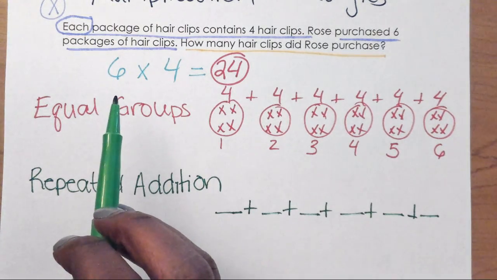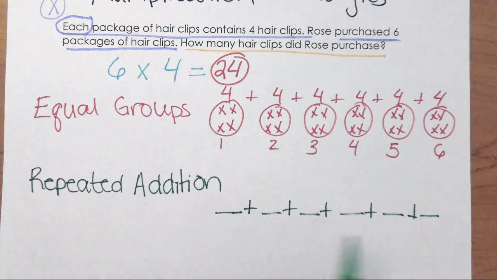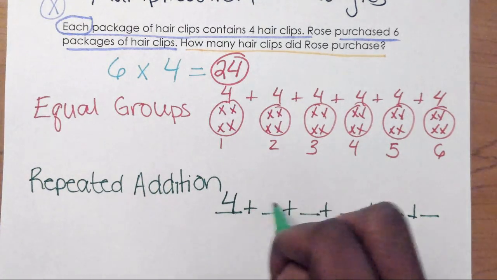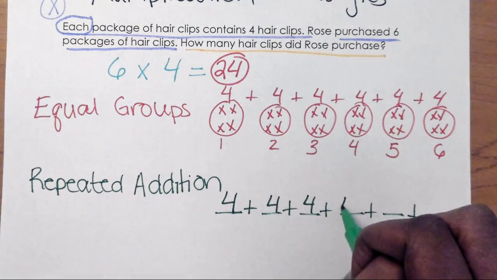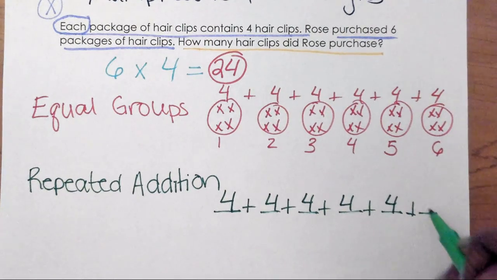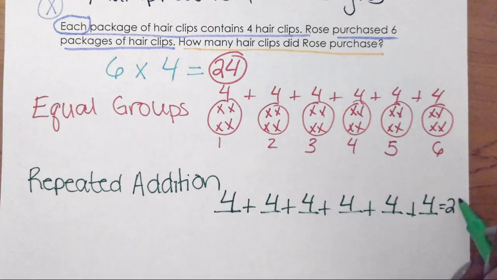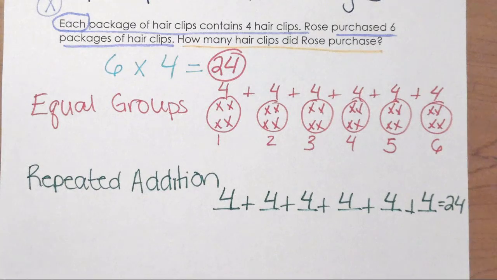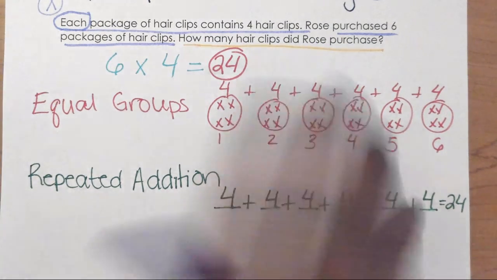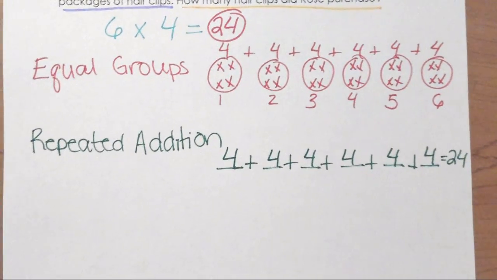Because we're referring back to our original equation, which is 6 equal groups of 4. Which still equals 24. We are having them represent them in different ways because they're going to continue to see it in different ways. And there will be times that we are asking the students to show them in different ways. We don't want to jump to just 6 times 4. We want them to understand the foundation of multiplication.